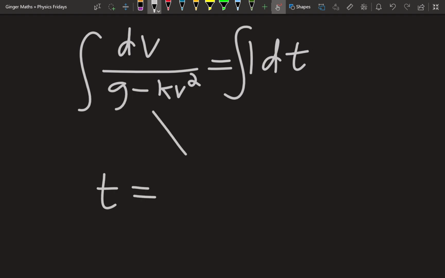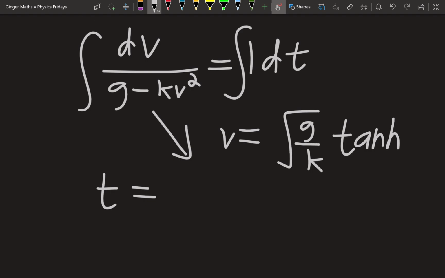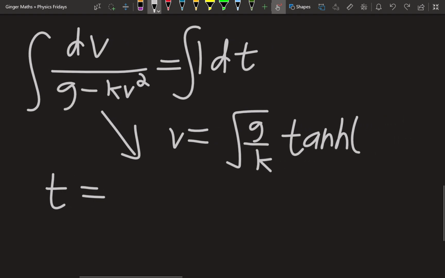Then we're just going to do a quick u sub, so we're going to say v is equal to the square root of g over k times hyperbolic tangent of some variable. We'll call it x, it's a dummy variable, it doesn't matter anyway.